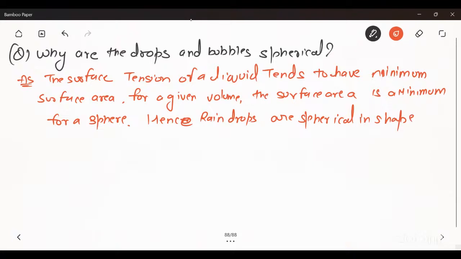Now come to the next question, and the last question of that topic is Magnus effect.